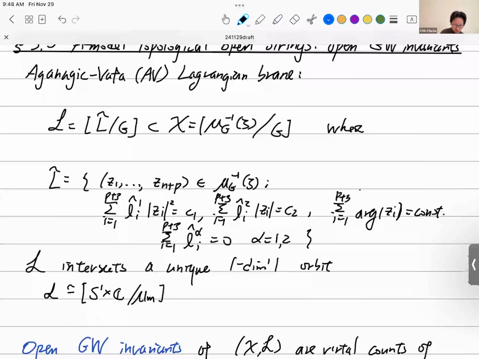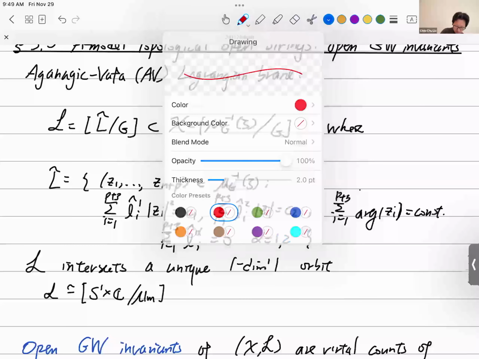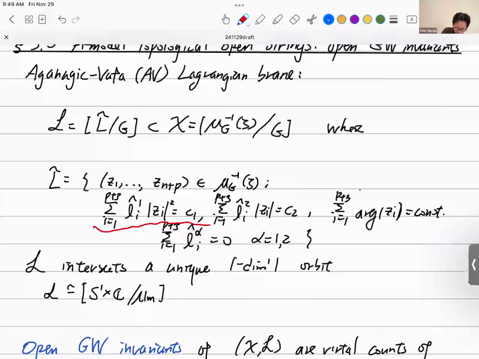It will just be defined by three real conditions. So these are the three real conditions. Before the quotient, it will be of real codimension 3.